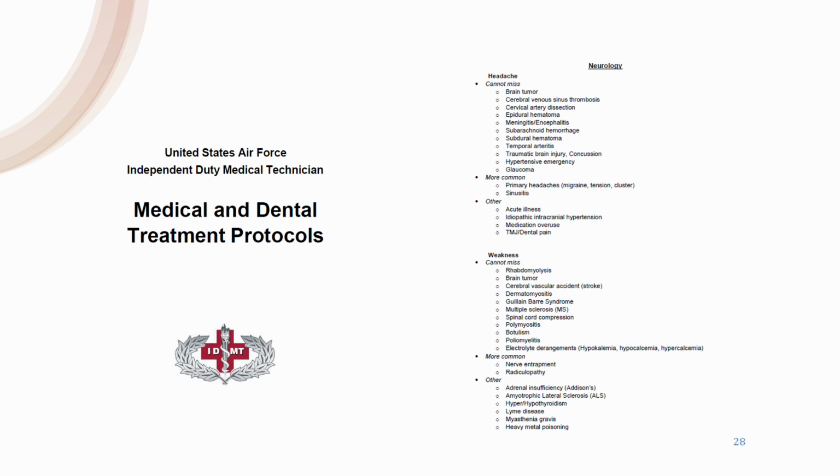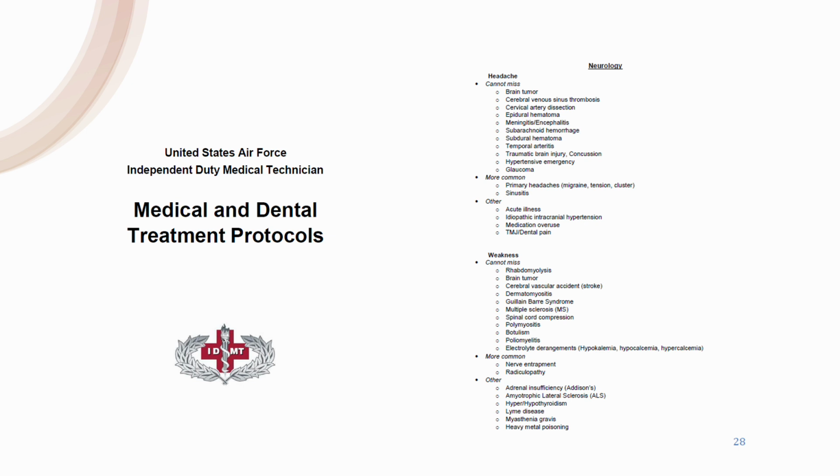These may or may not be as serious as those can't miss conditions. And lastly, there's an other section where we kind of put your zebras, your diagnoses that you should think about but don't happen very often, but maybe they're not the most dangerous thing if you were to miss it at that point in time. So for this patient that's coming in with a headache, this should be kind of where you're starting from with your differential diagnosis list at a bare minimum.